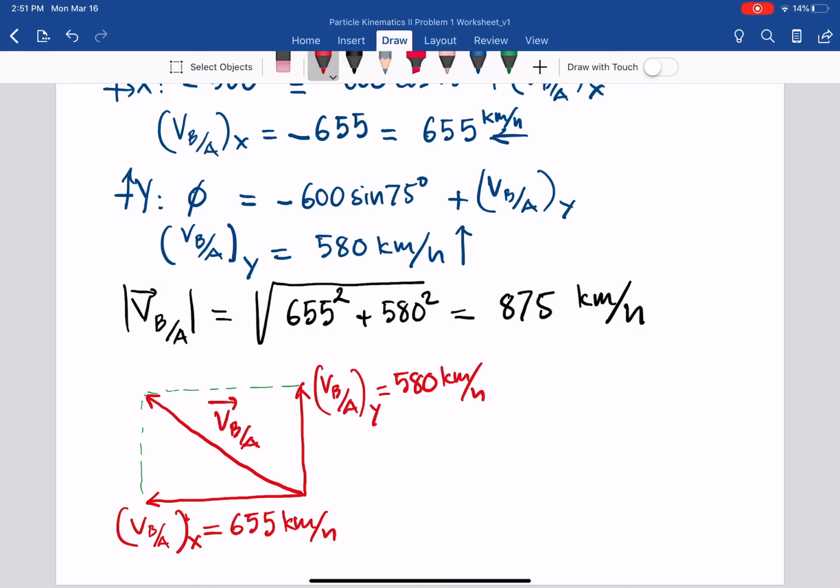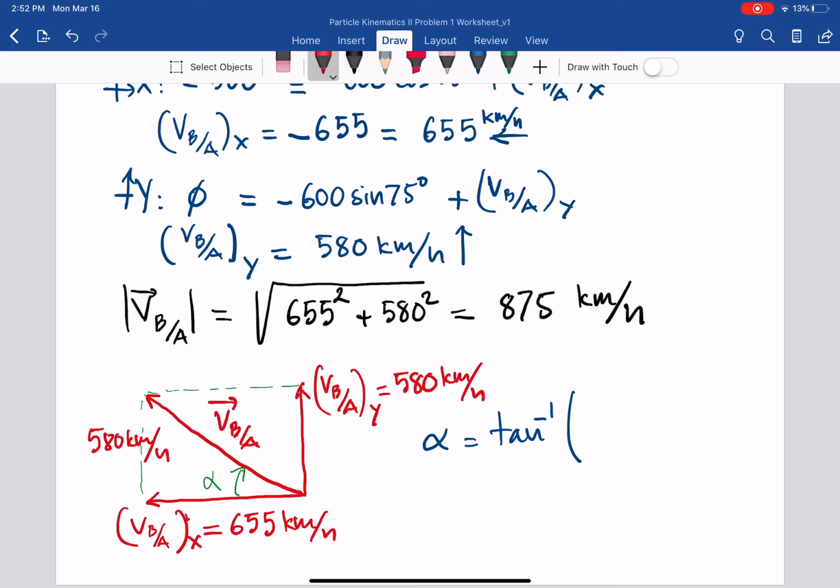And to find direction, just like in 2D forces, we want to find this angle alpha. If you recall, alpha equals the inverse tangent of the opposite, here 580 kilometers per hour, divided by the adjacent, 655.